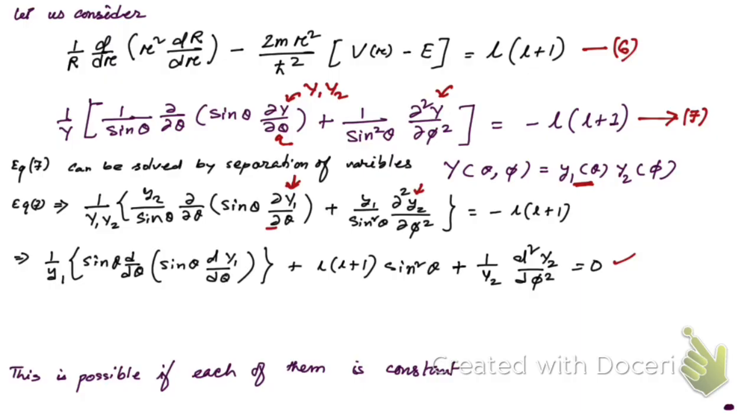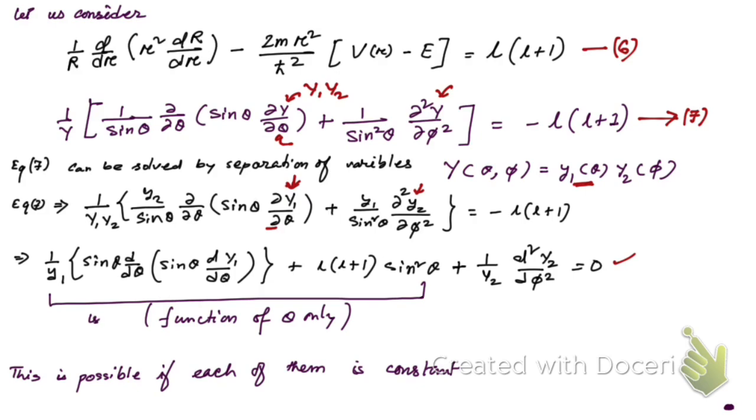Here you see, this part is a function of theta only. This is one part, and the next part is a function of phi only. This is the second part.